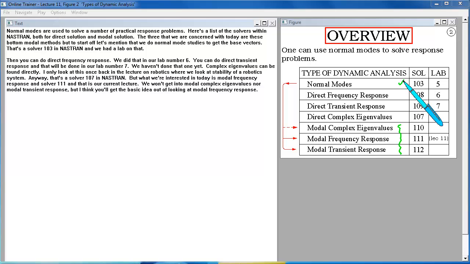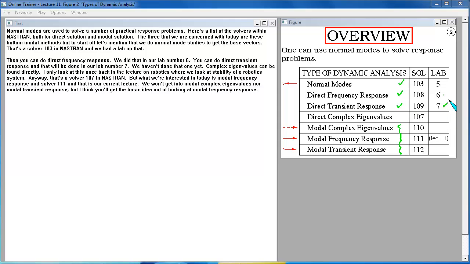That's solver 103 in Nastran, and we had a lab on that. Then you can do direct frequency response. We did that in our lab number 6. You can do direct transient response, and that will be done in our lab number 7. We haven't done that one yet.